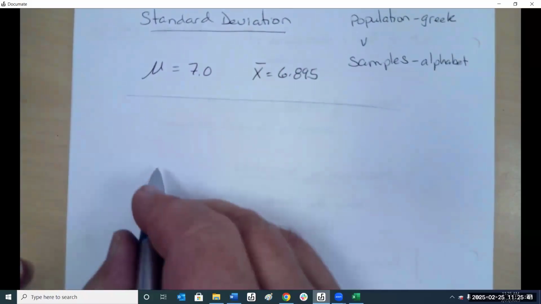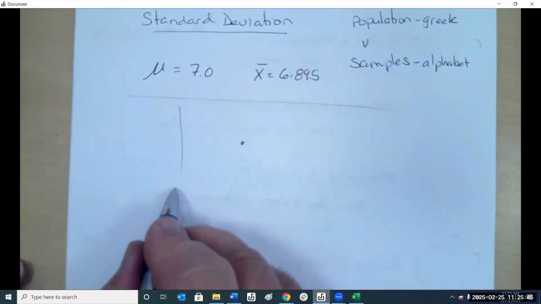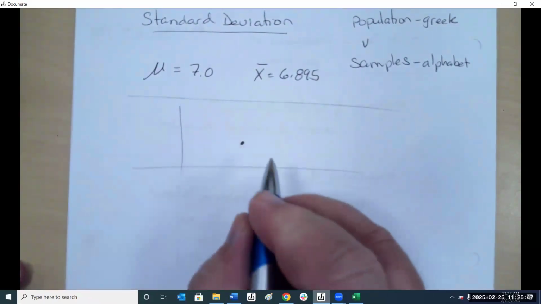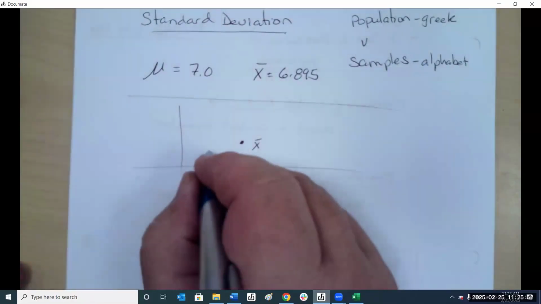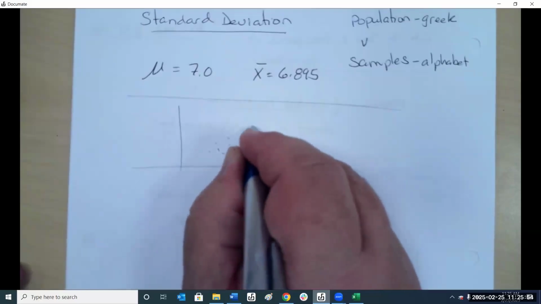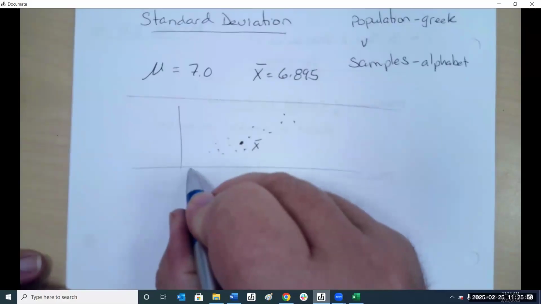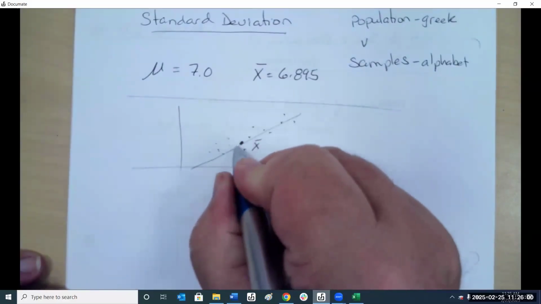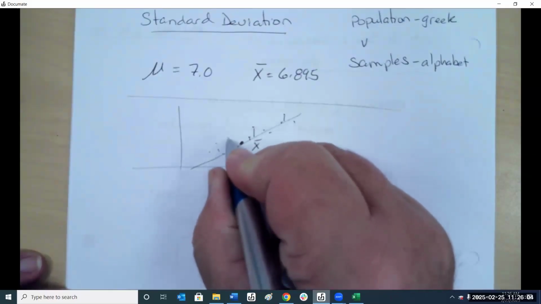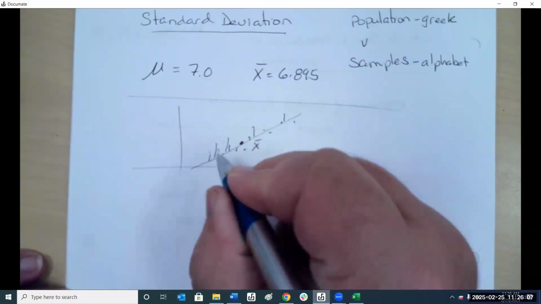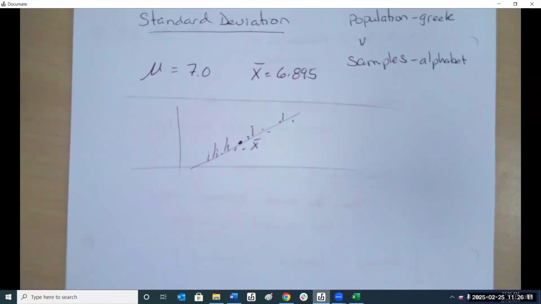So if you had an average data value, if this was your mean, and the rest of your data looked like this, what we're looking for is how far these numbers are away from this average line? That's our ultimate goal in this course.